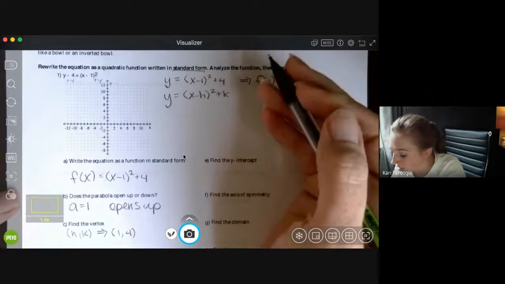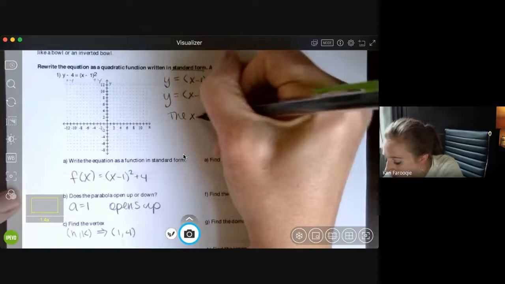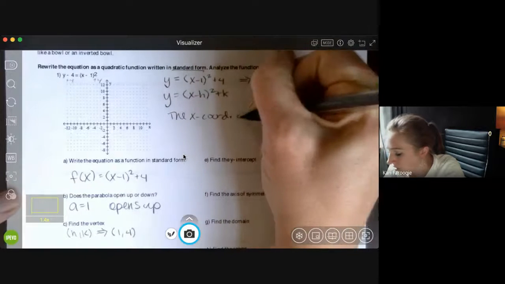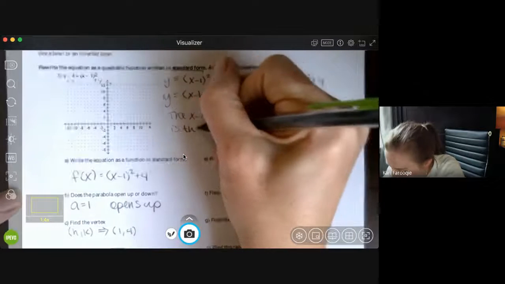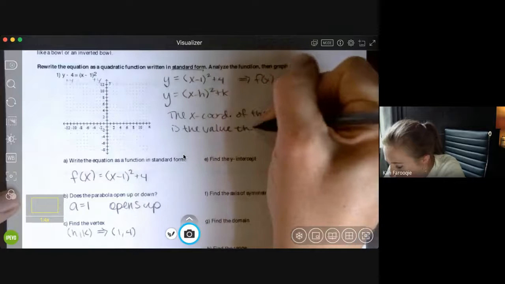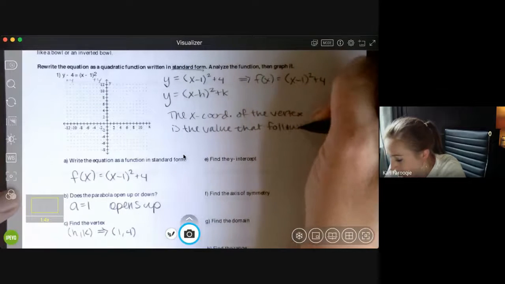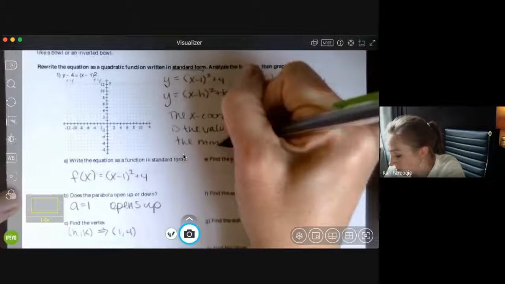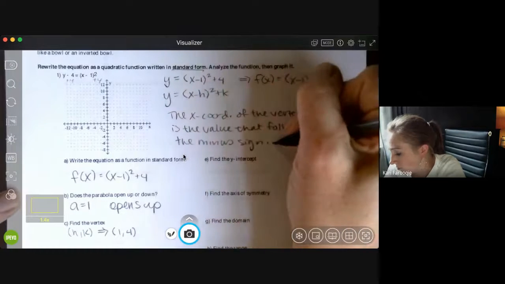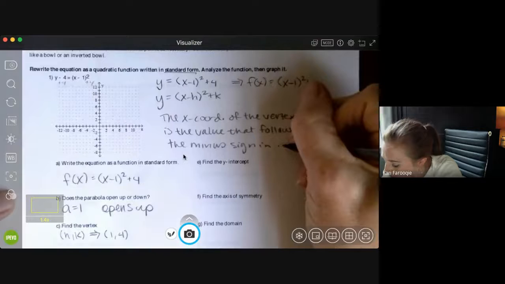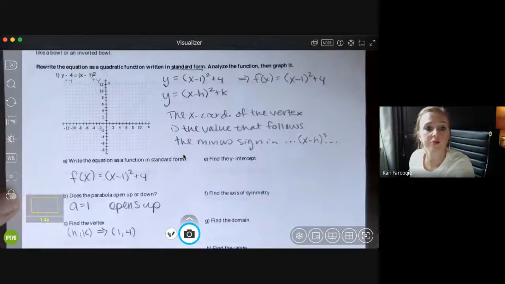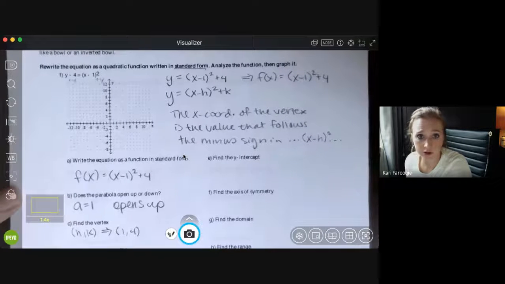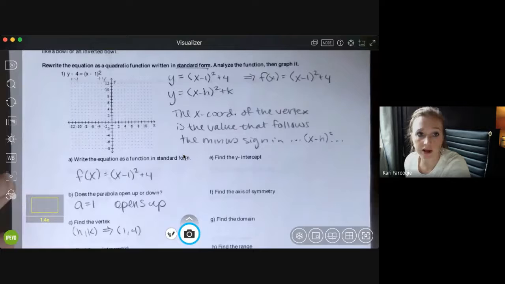You have to remember that the x-coordinate of the vertex is the value that follows the minus sign in x minus h squared. So whatever value follows the minus sign, that's what your x-coordinate of the vertex is going to be, or that's what h is going to be.